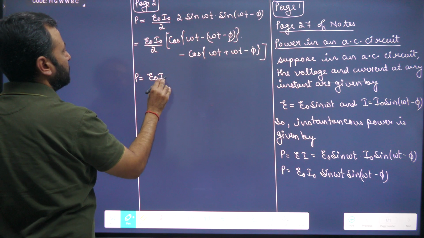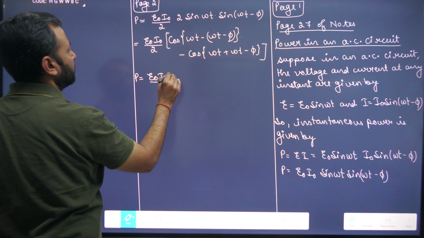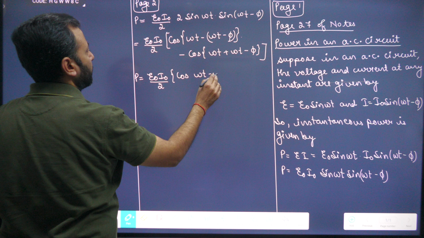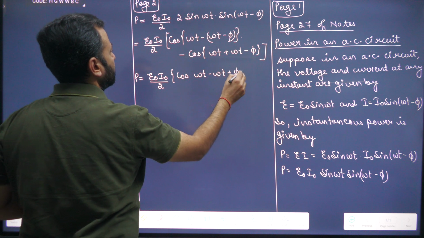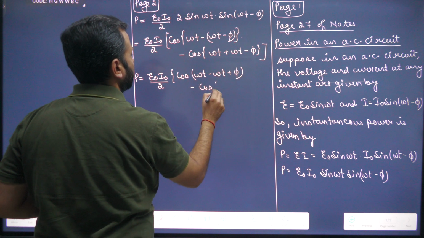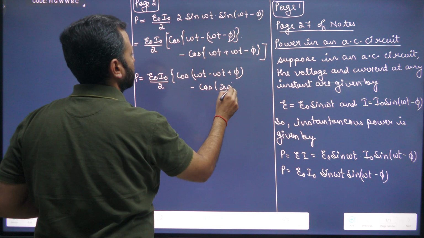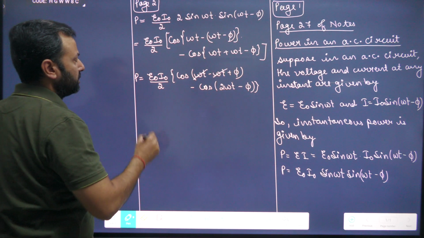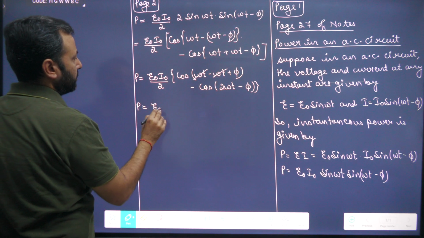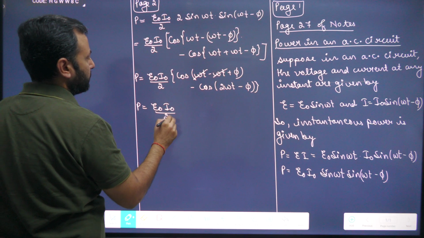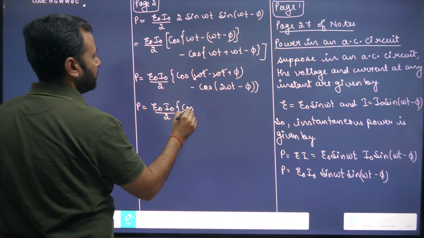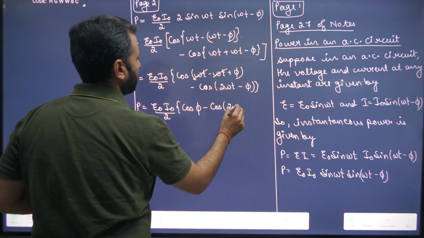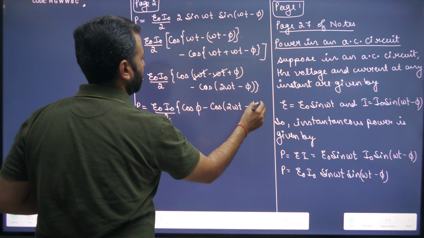P is equal to E naught I naught upon 2 into cos phi minus cos 2 omega t minus phi. Omega t minus omega t cancel out. P is equal to E naught I naught by 2 times cos phi minus cos 2 omega t minus phi.